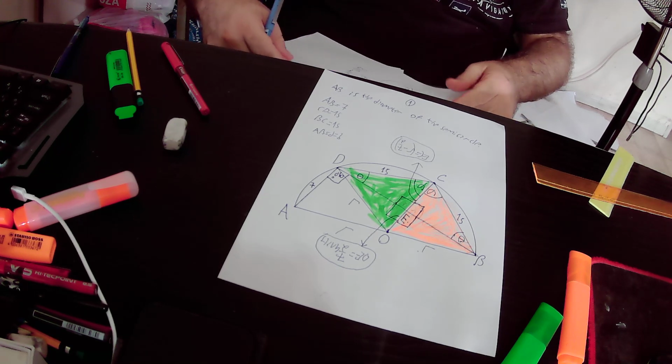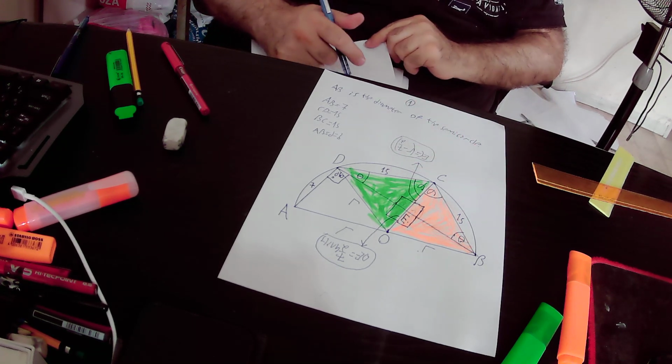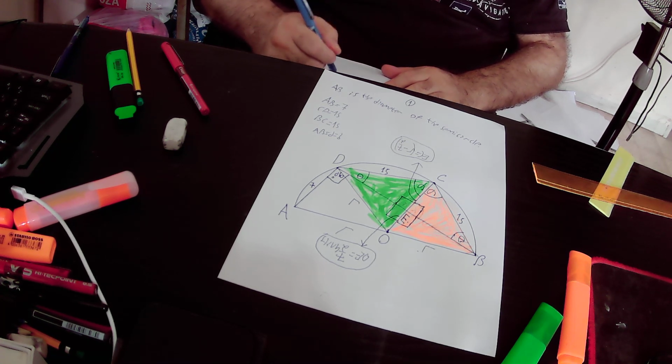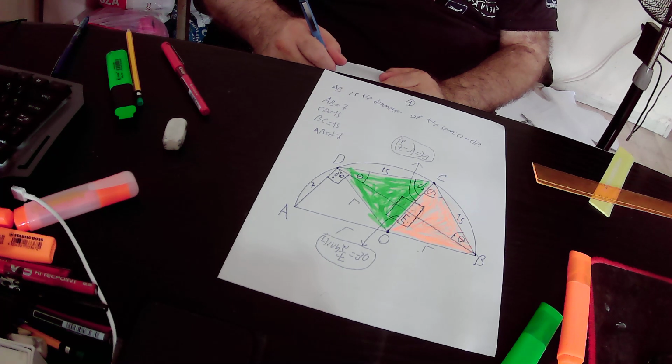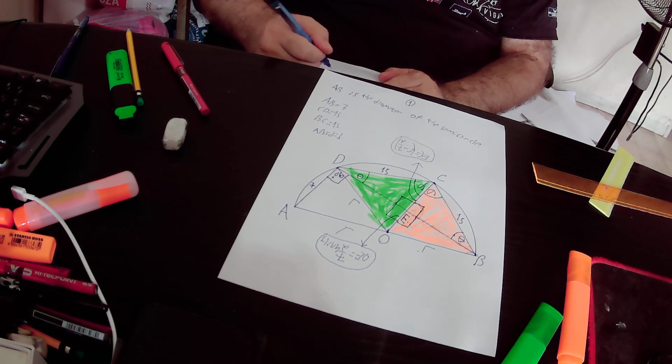But what is the value of OB? OB is the radius of the semicircle. So OB square is R square, minus OE square. OE equals 7/2 units, and 7/2 square is 49/4.